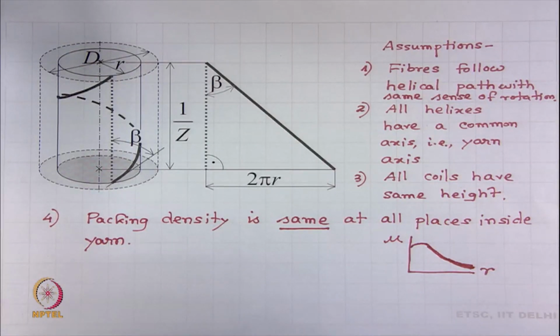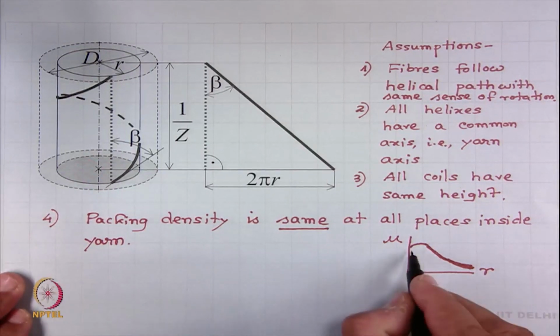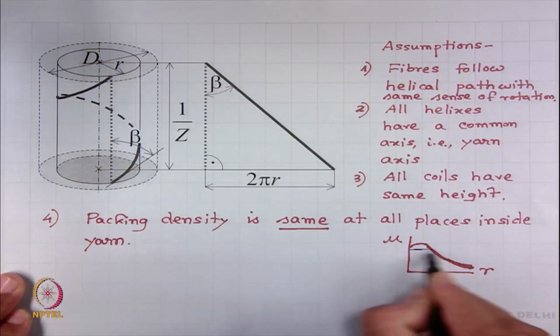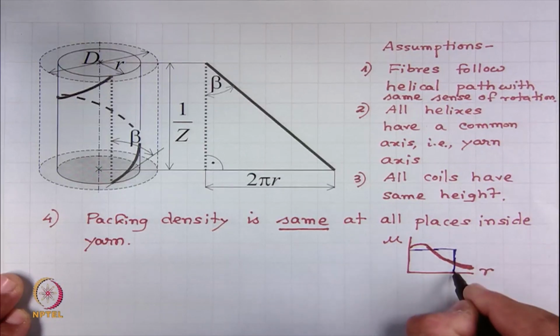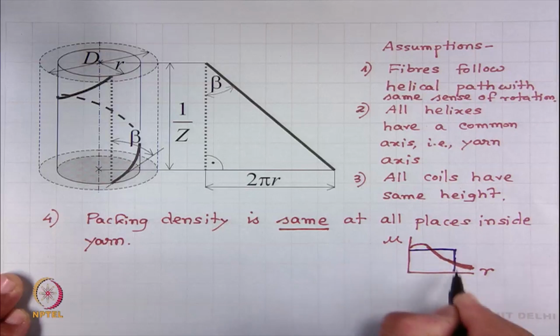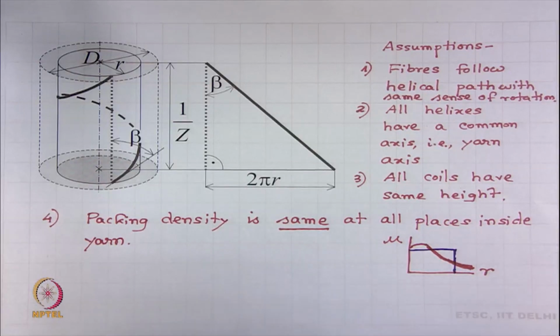But here the assumption is the same, that means what we think is that you probably think in this manner. So, this is the difference. The red is indicating the real behavior, however, the blue indicates this assumption.